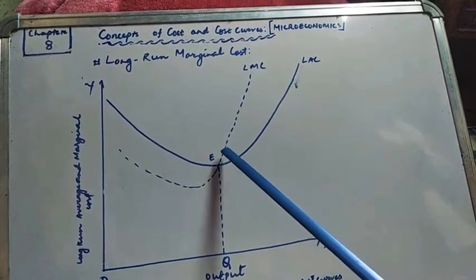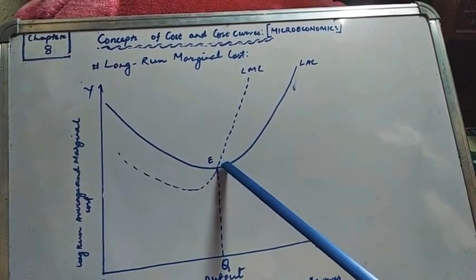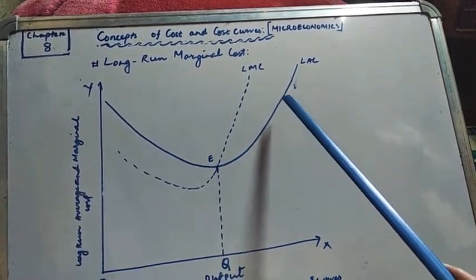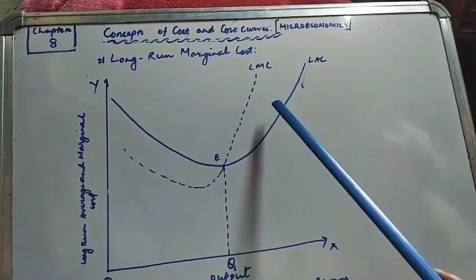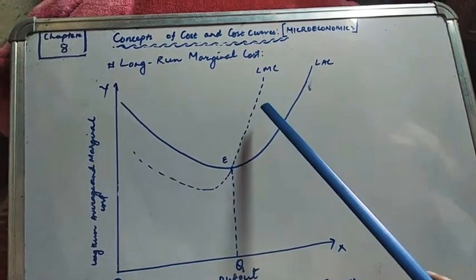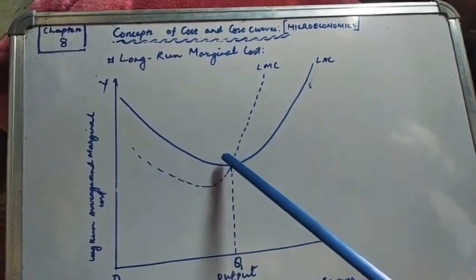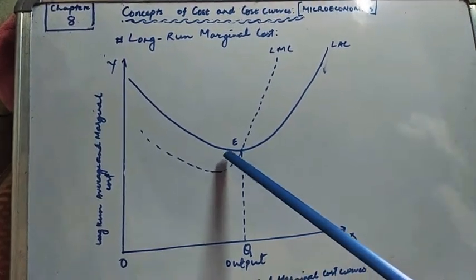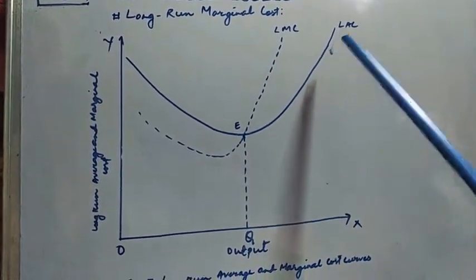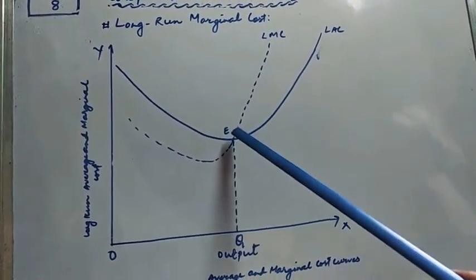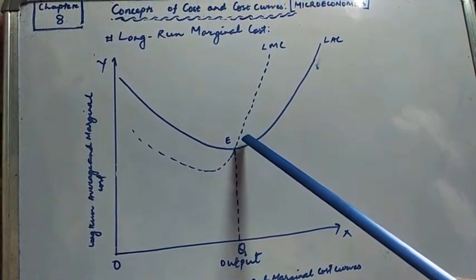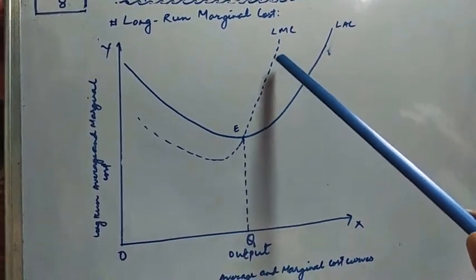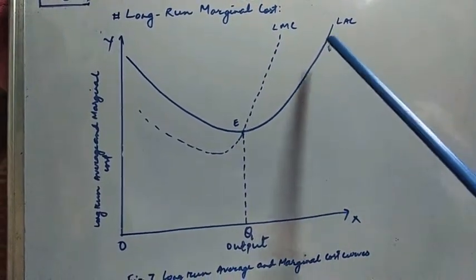And when LAC begins to rise, we cannot say that LMC will rise, because LMC can either still fall or rise when LAC is rising. But we can definitely say that when LAC starts rising, then LMC will be above LAC. That definitely we can say.